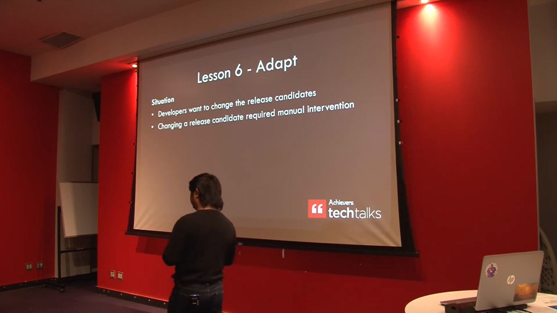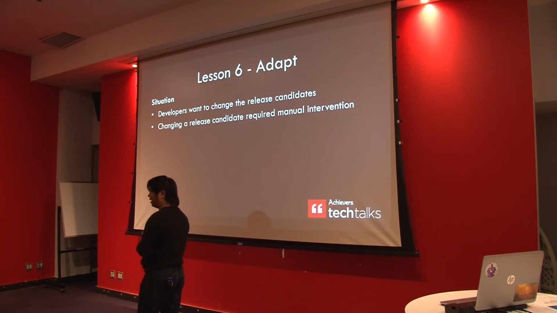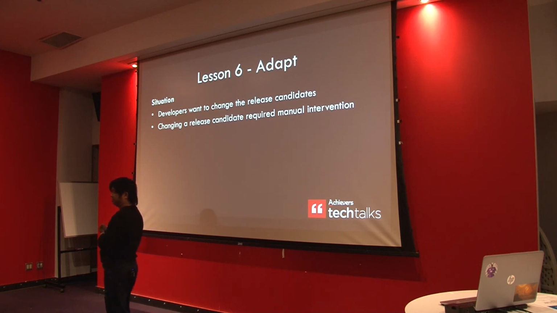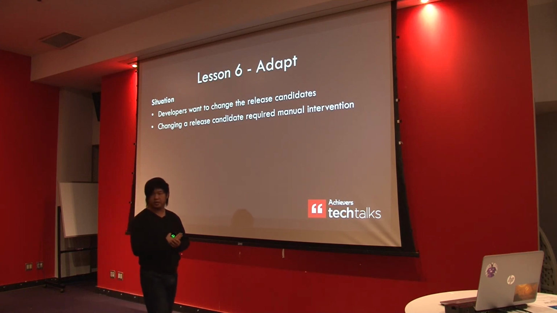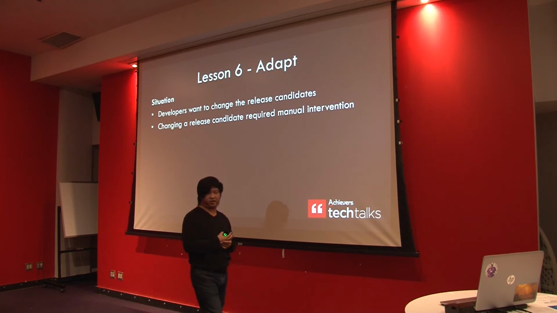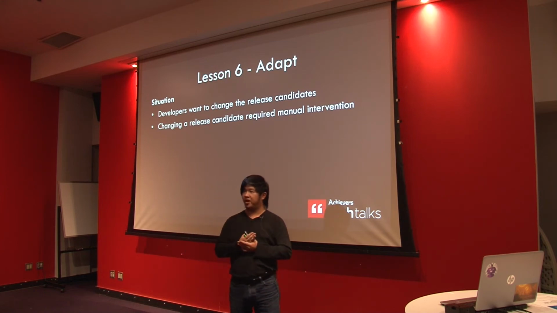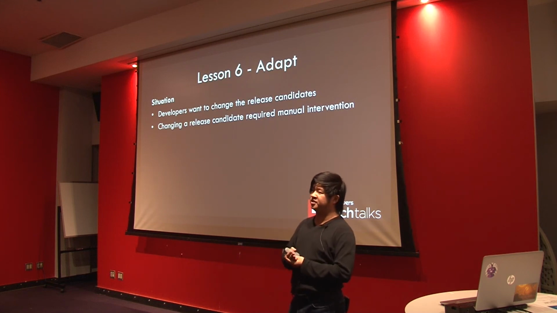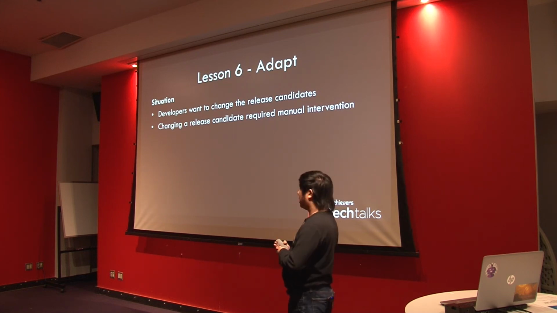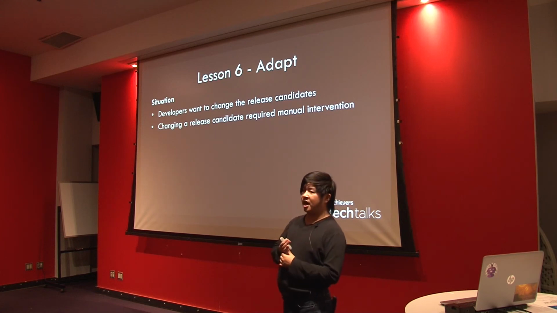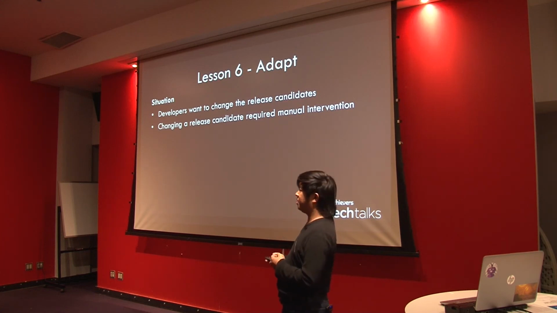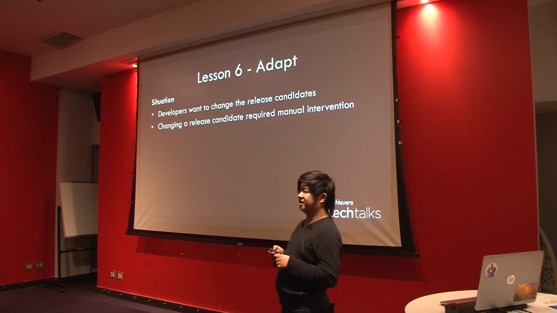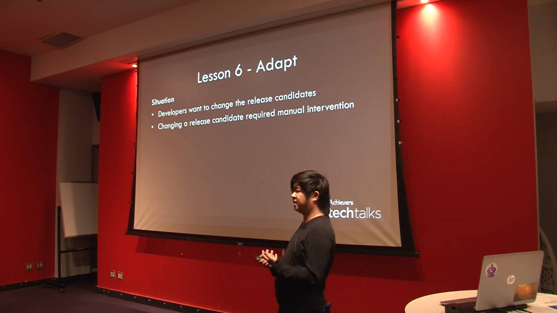The problem with changing a release candidate is that not only did we have to manually insert the developer's commit into the build, we also had to run it through a whole bunch of compliance processes, which required us to write a whole bunch of documentation and modify existing documentation, all manually, by the way, and required the new release candidate to go through an entirely separate process of testing, which was the deployment pipeline. This was definitely not a good thing, because it made it so that we couldn't adapt to change quickly, which is one of the key processes.